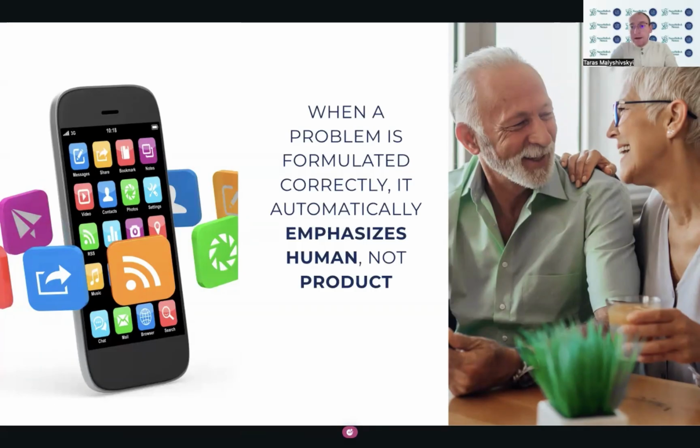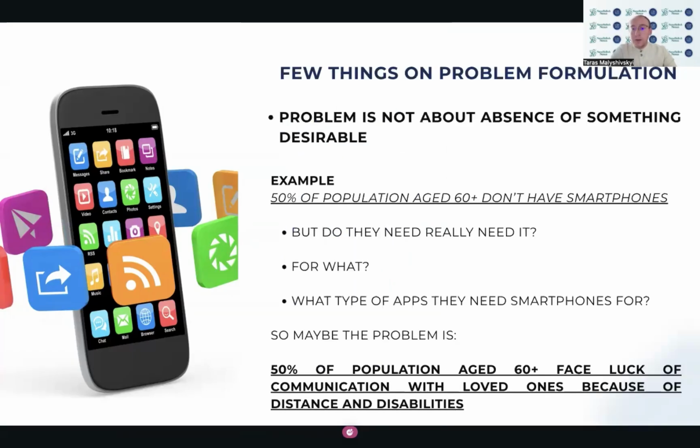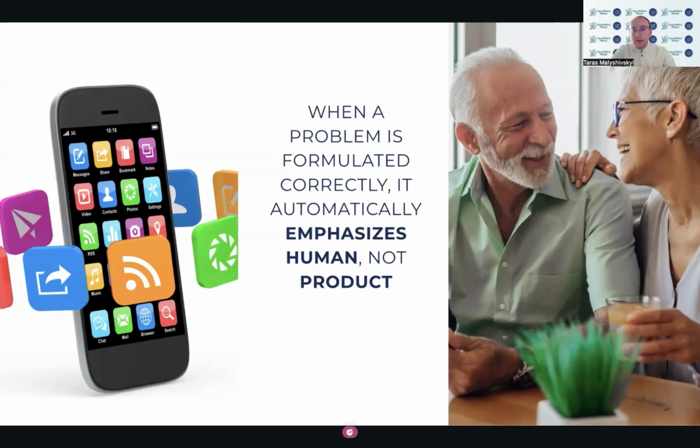In the center of everything in entrepreneurship is a human with their pains and needs, and the problem has to reflect that. So we don't put our product in the middle of the problem, but we put the real need of the human, our target audience. That way, the problem is put correctly.